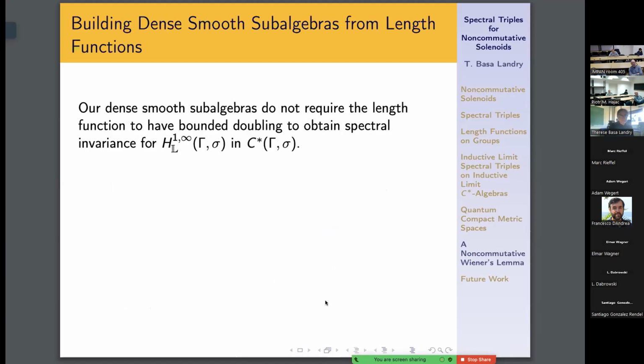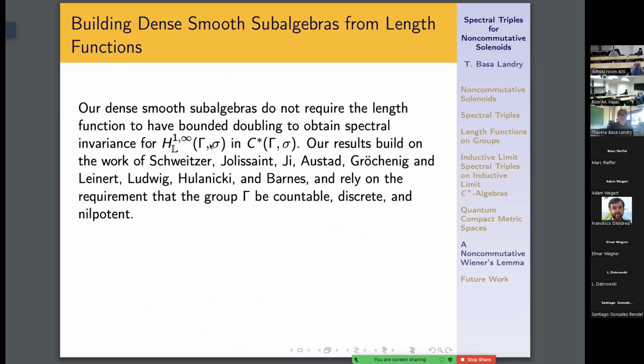Something to point out is that our dense smooth subalgebras don't have any requirements on the length function to get this spectral invariant property. Unlike for the spectral triples and the quantum compact metric spaces, where we needed the length functions to have additional properties.